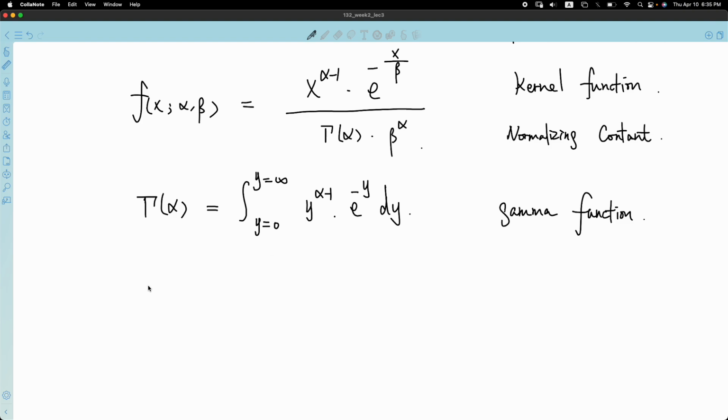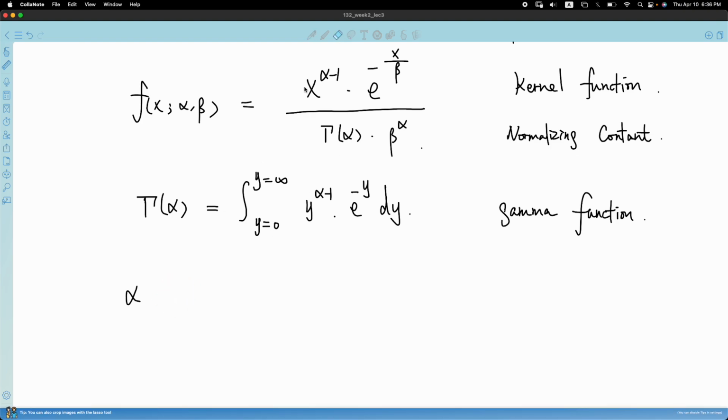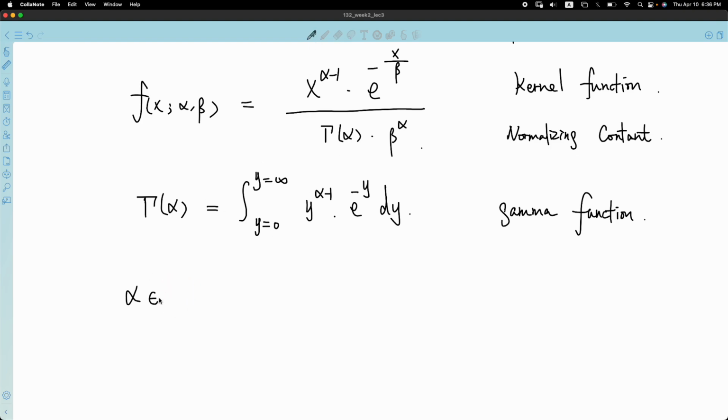First of all, for this expression here, alpha can be any real value greater than 0. But for alpha that is particularly a natural number, I'm just going to say that this is for the natural numbers. Then you have the following two properties for the gamma function.